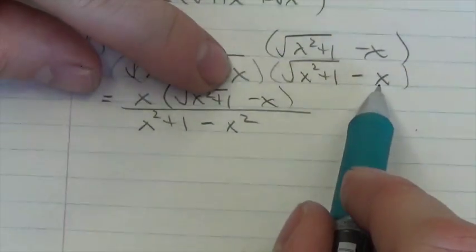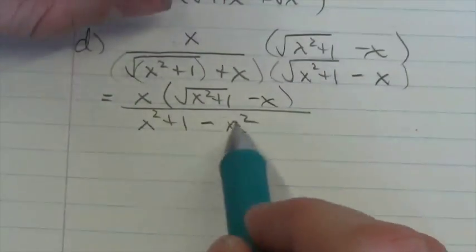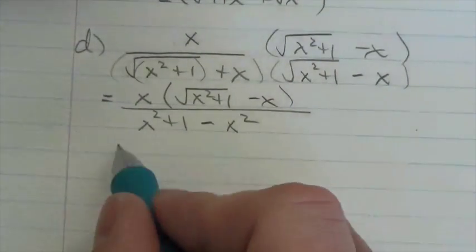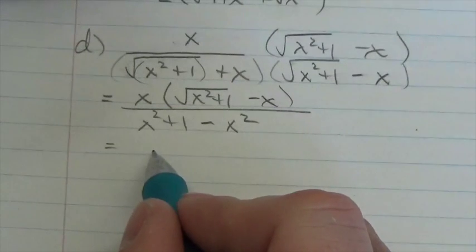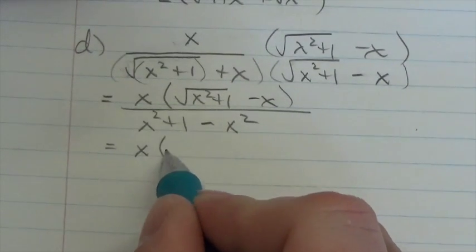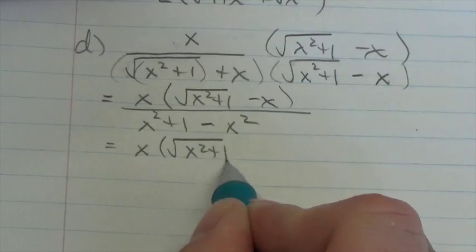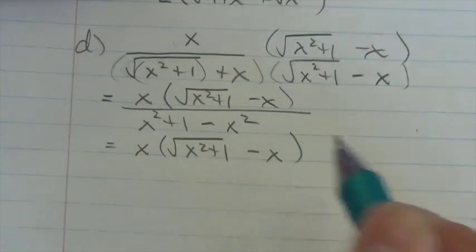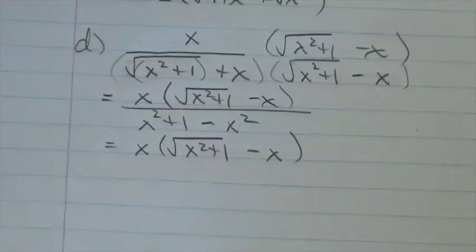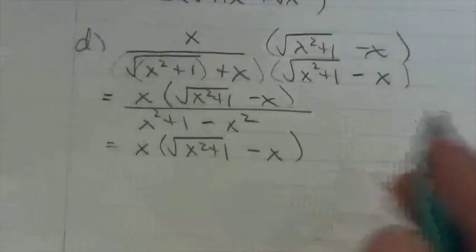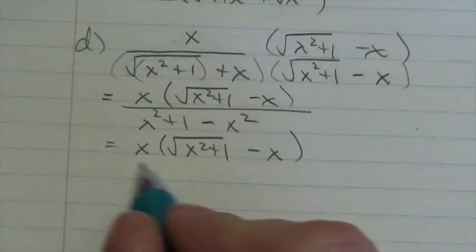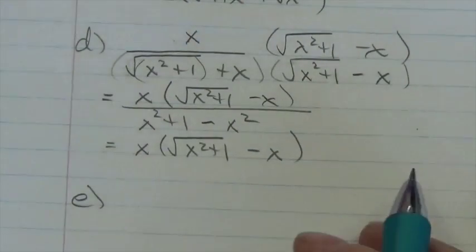Positive x times negative x, there's my negative x squared. So the x squared terms will cancel. This will all be over 1. So you're left with x multiplied by the square root of x squared plus 1 minus x. And I don't exactly know what you're going to do with this next, so you might be able to get away with just leaving it like that. That would be fine.